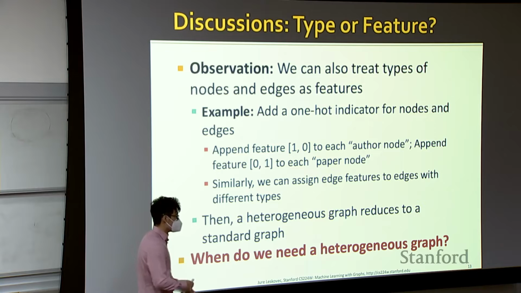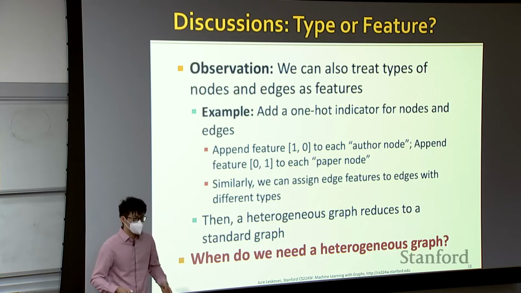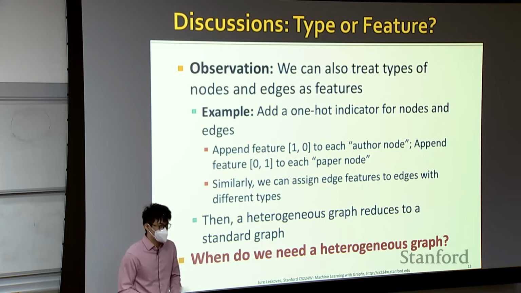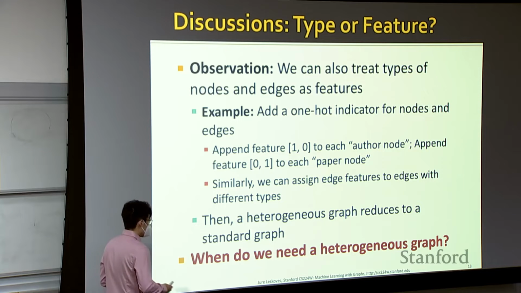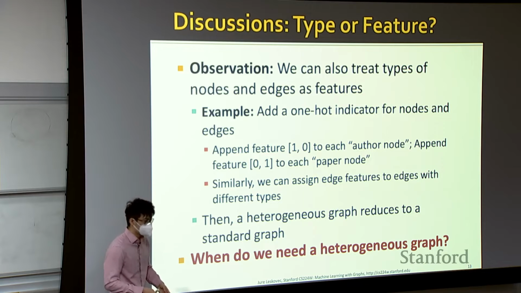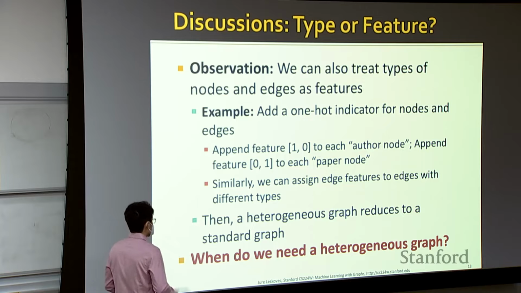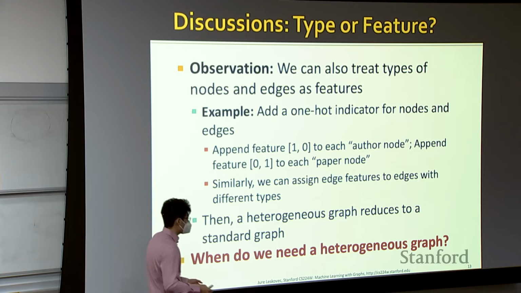So now we have defined what a heterogeneous graph is and seen a lot of real-world examples. Before we jump into defining a machine learning model to learn from heterogeneous graphs, I want to spend 2 or 3 slides just to discuss, do we even need a heterogeneous graph?